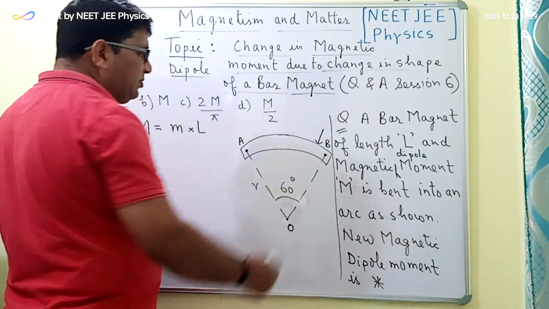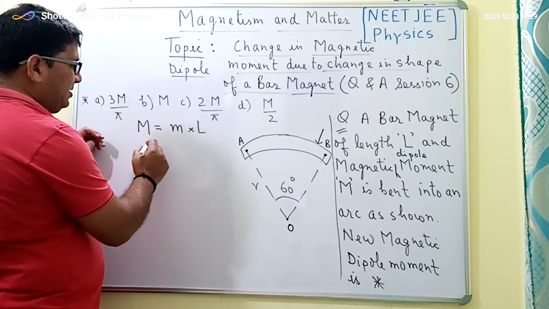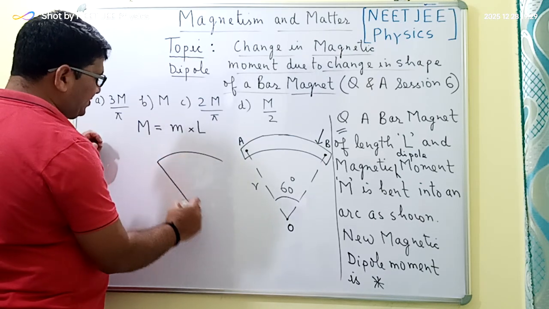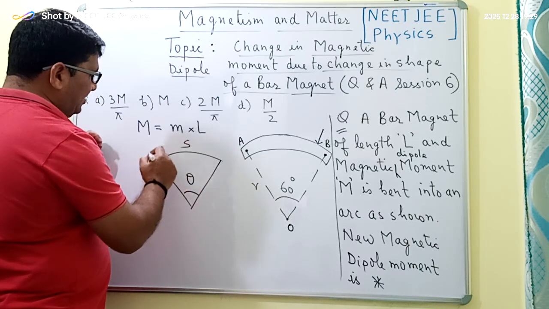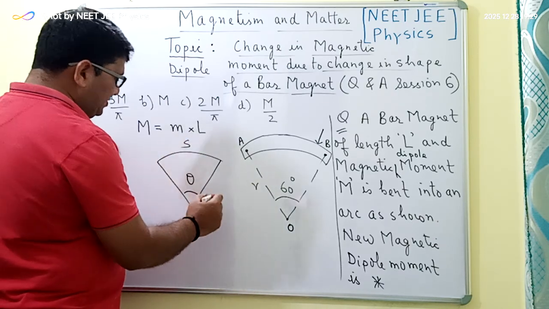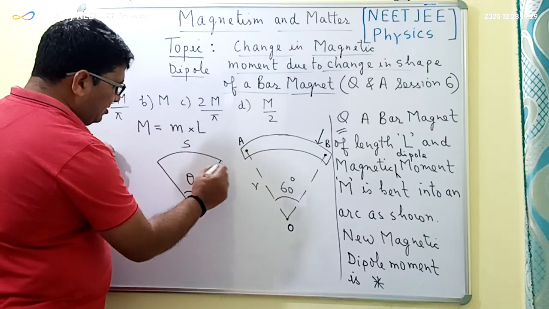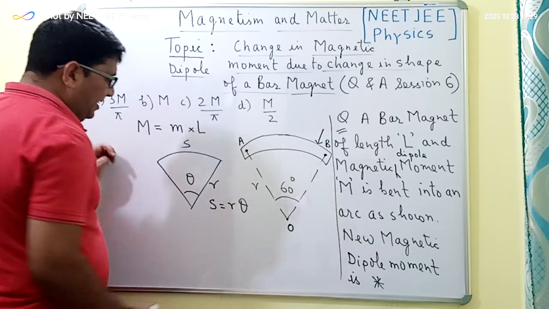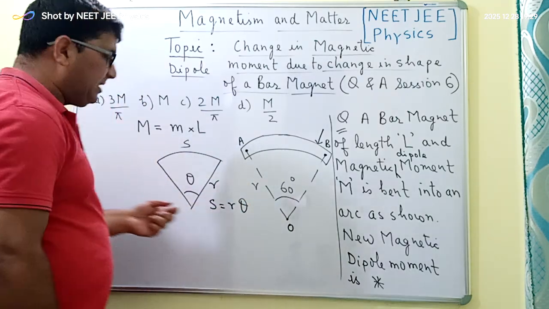Now when it is bent into an arc as shown in this figure, I will be using the formula for an arc of a circle. Let us say this is an arc of a circle with angle theta, the length of the arc is S and this is the radius. So S is equal to R theta, and I will use this formula to calculate the new magnetic length.